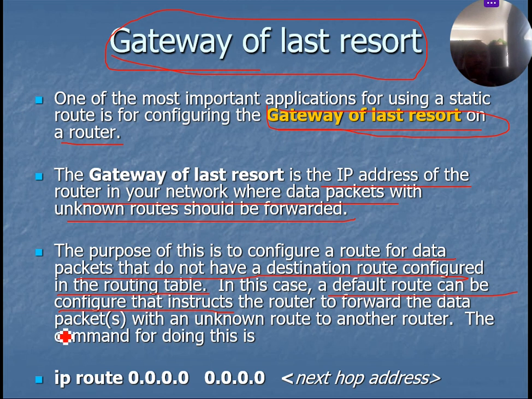The command for doing this is simply to type ip route 0.0.0.0 and then the next hop address. It's like you keep forwarding it till it finds the computer that owns the data packet. That's what the gateway of last resort is used for.